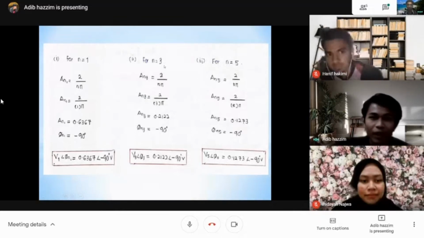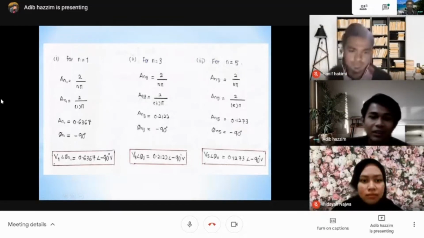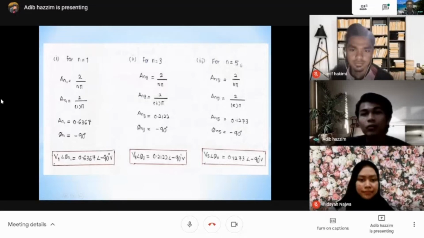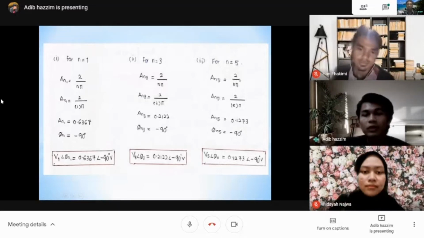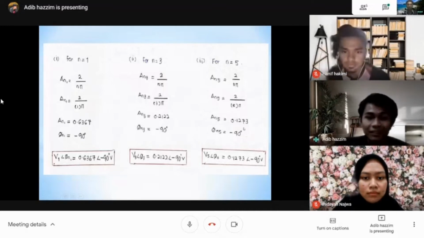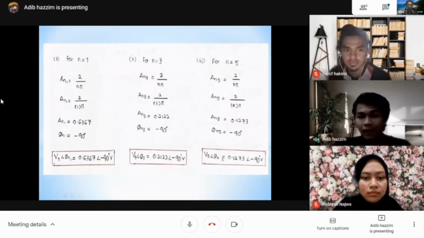For n equals 3, we substitute 3 and we get negative 90 degrees, and this is the answer for V3 angle of 3. For n equals 5, just substitute the value 5 and we get negative 90 degrees, still the same, and we get this answer for V5 angle of 5.